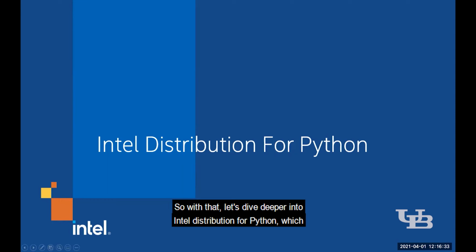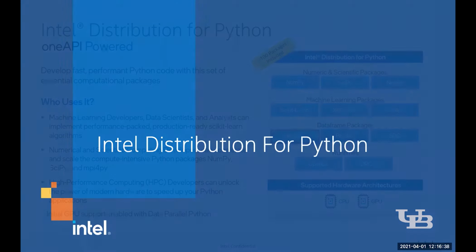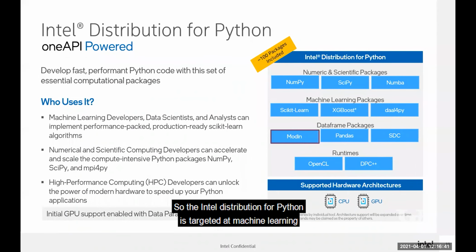So with that, let's dive deeper into Intel distribution for Python, which is once again part of the AI Analytics Toolkit. The Intel distribution for Python is targeted at machine learning developers and data scientists, particularly in the classical ML space. You can consider Intel distribution for Python as a package suite within the software suite of AI Kit specialized for classical ML. With IDP, a lot of the optimizations for NumPy, SciPy, Numba, scikit-learn, and so on are actually powered by the oneMKL library that I'll be talking about in just a moment.